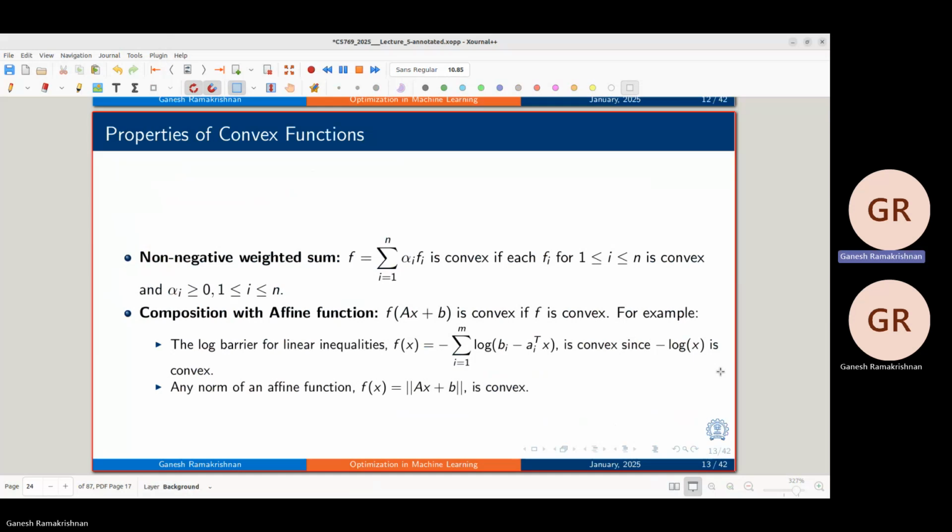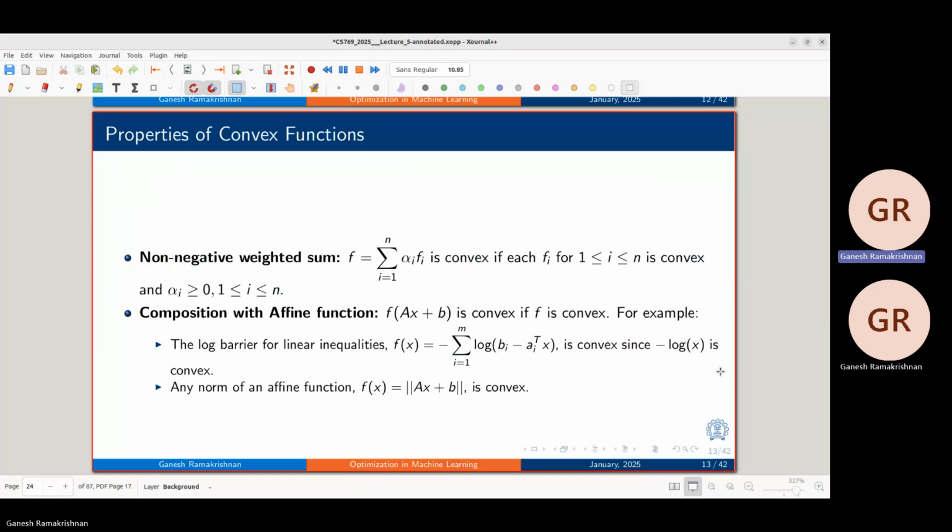The third property is, if f is convex and the argument of f is subjected to some affine transformation, then you'll retain convexity. It's called affine transformation.